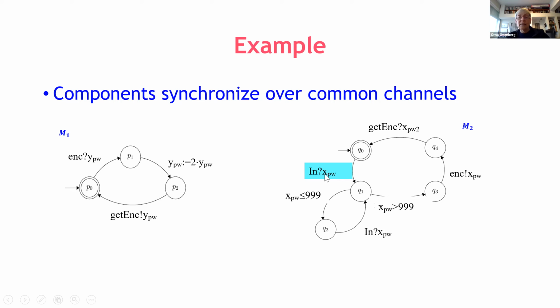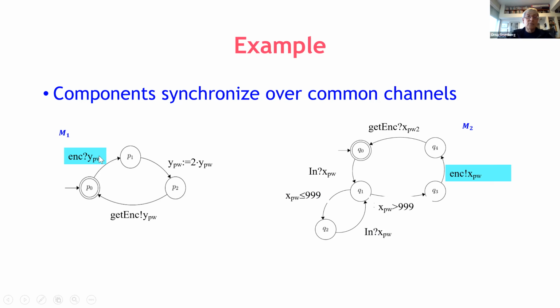And note that a question mark means that we read information into the variable, and an exclamation mark means that we send the value over the channel. So once we read this value for X, the password, we check whether the password is long enough. And when it is long enough, we send it for encryption. And now you can see that we synchronize with the other component, and we send the value of XPW to the variable YPW in M1.